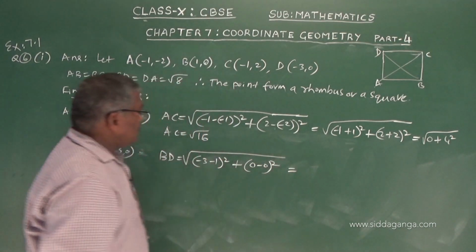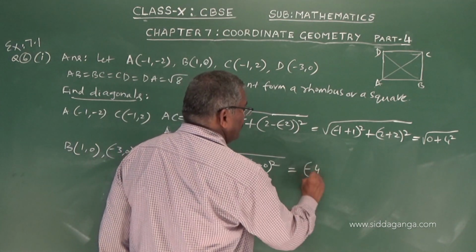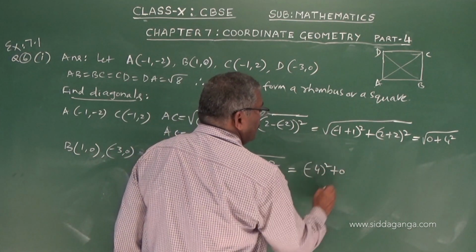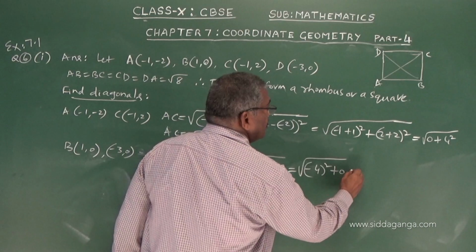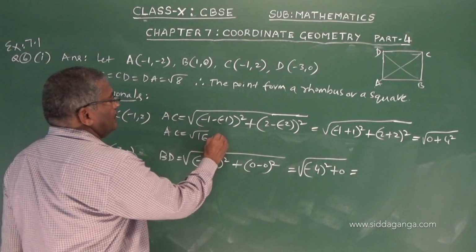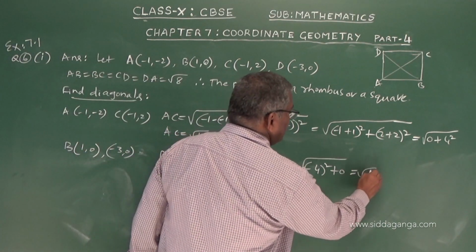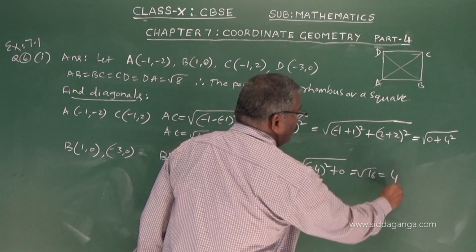So this equals minus 4 whole square plus 0. So this equals root 16, you can take it as 4. This is also root 16 equals 4.